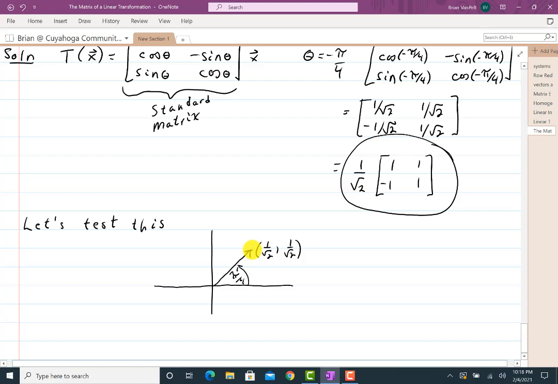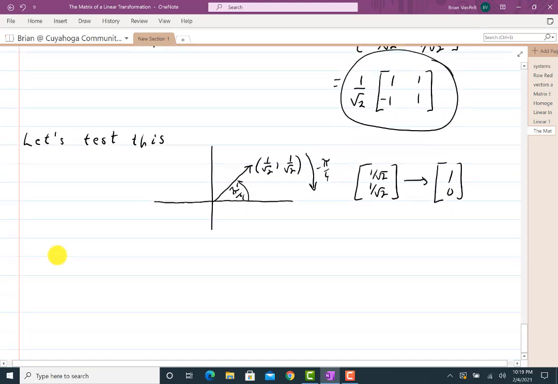What should happen to that point if I'm rotating negative pi over 4, so if I'm going negative pi over 4 in that direction? That point, 1 over radical 2, 1 over radical 2, should go back to the x-axis and give us 1, 0. Let's see if that is in fact what happens.